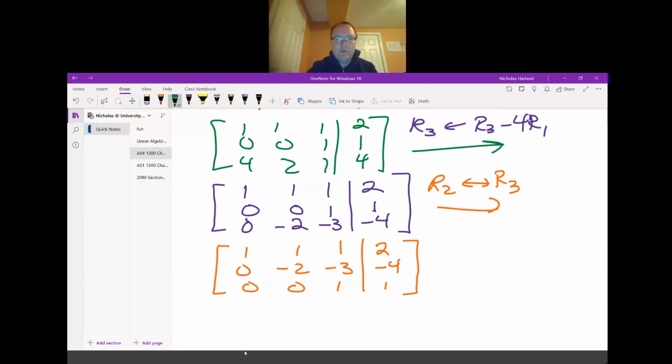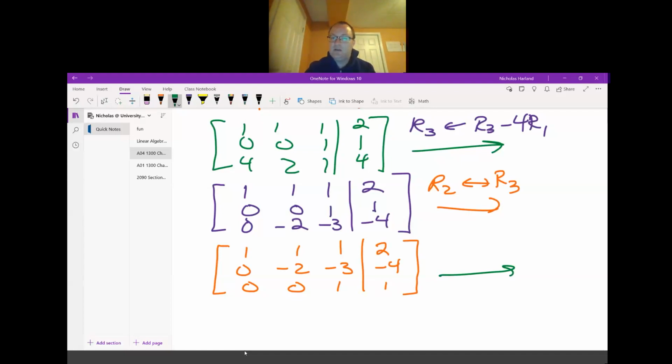So we want this, if possible, and that's a big if, but if possible, we want to turn that 0 into a leading 1. It's hard to turn zeros into ones because there's nothing you could add or multiply by to do it. So we can switch the two rows to make this a negative 2, which can then be turned into a 1.